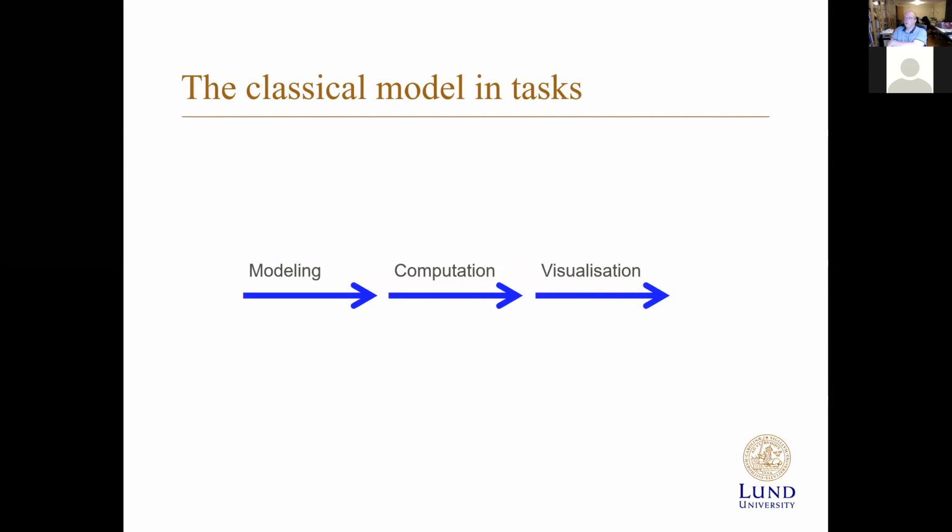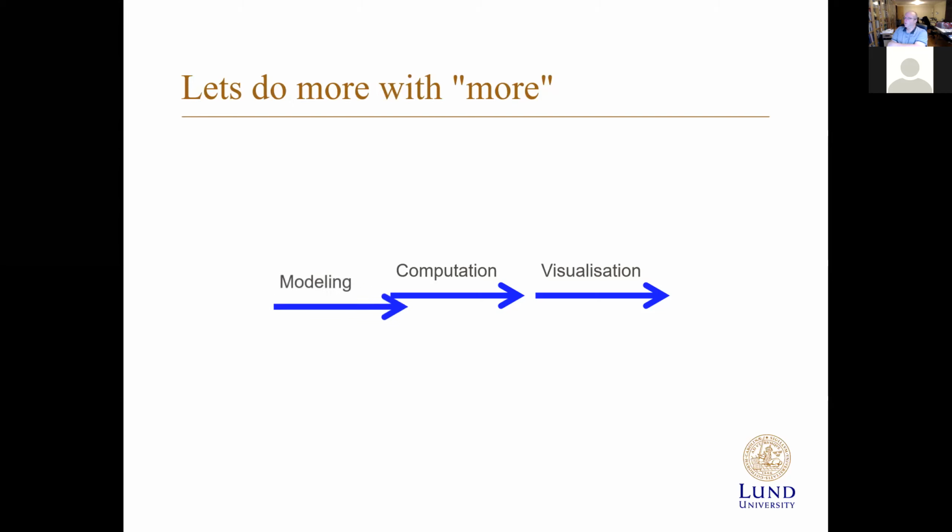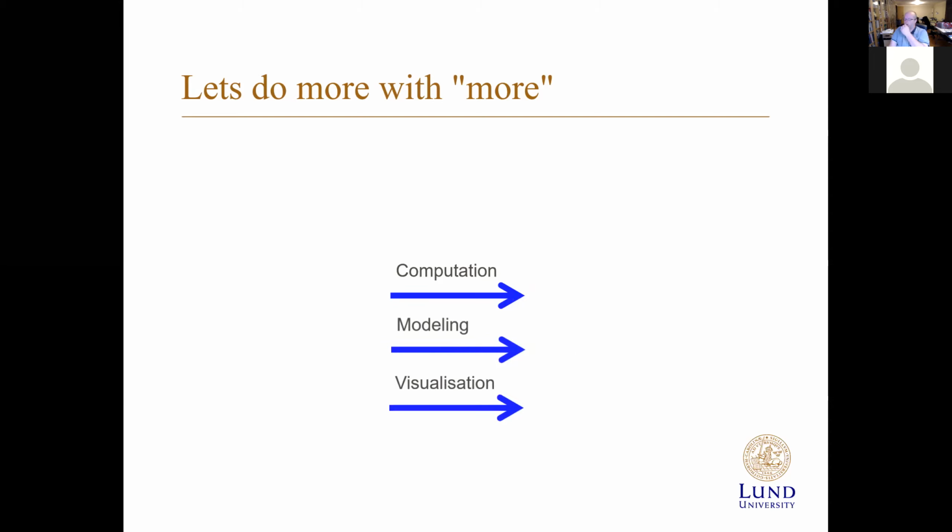If you look at the classical modeling we have seen before, you model, you do computation, and you do visualization. You have these 3 steps that follow each other. But what if you introduce a concurrent model instead? Then we can do less with more. You can model and do visualization at the same time.